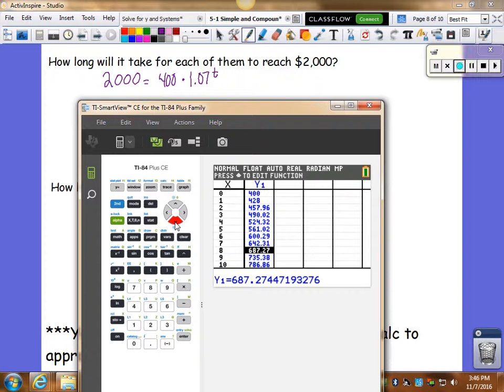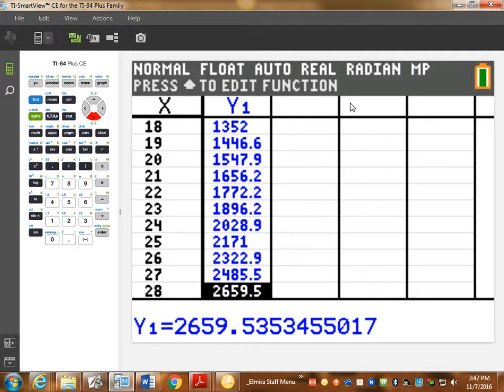And I've got to be careful because the on-computer calculator runs away with itself. And I know when it is, so I'm trying to go slow here. Okay, I can see it. So it hits that value of 2,000 right here. Okay, between 23 and 24 years. Let me blow this up.